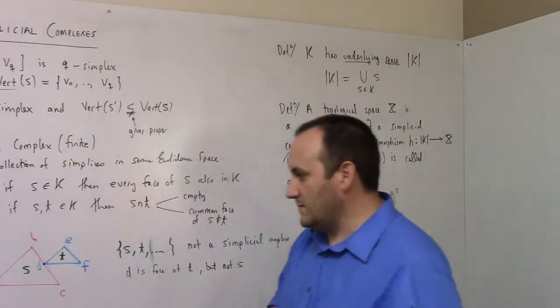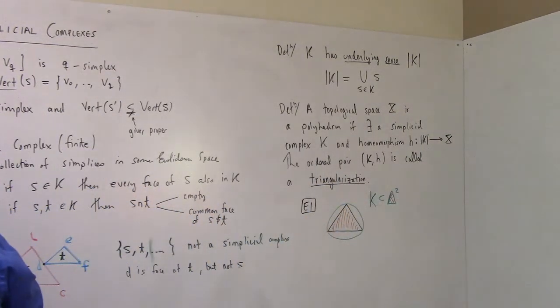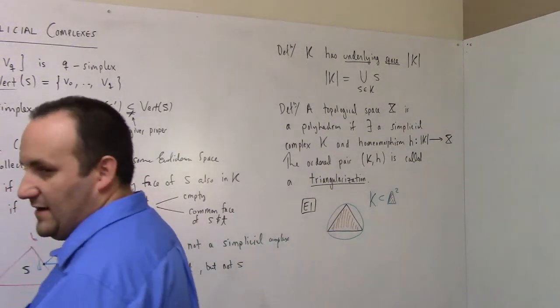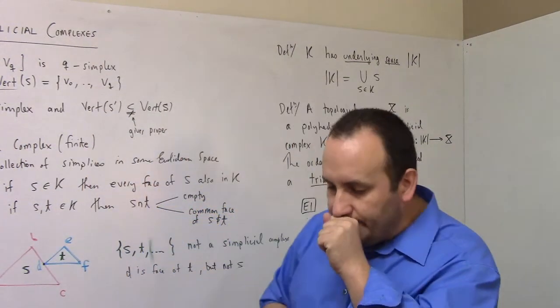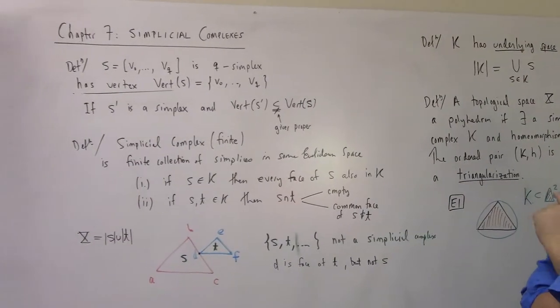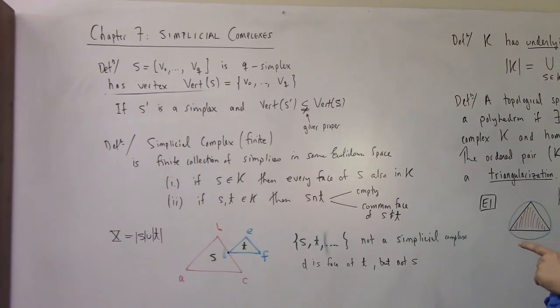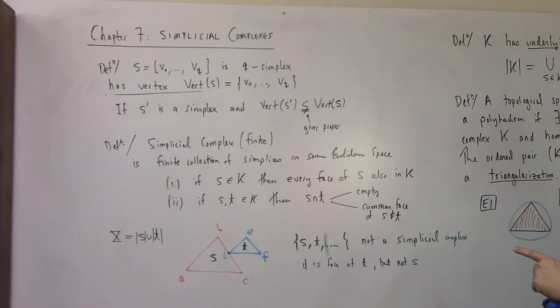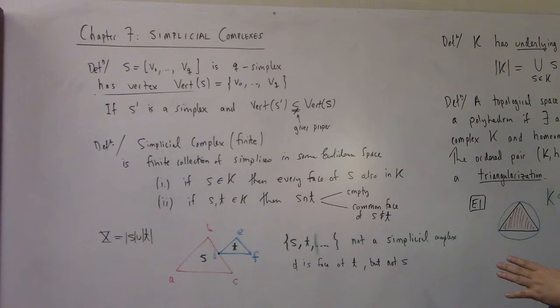Oh, I'm sorry. Good point. I was identifying the simplex with its underlying space, which is a bad habit of mine. And so that is a polyhedron. But what we have here, S, T and its faces, that's not a triangularization of it. How do you get a triangularization?